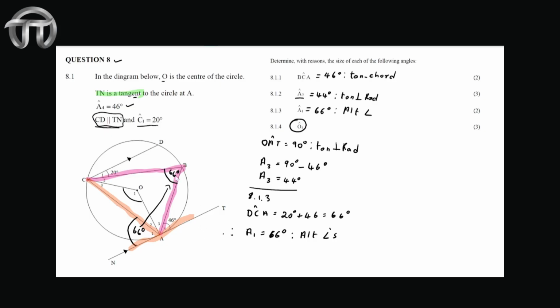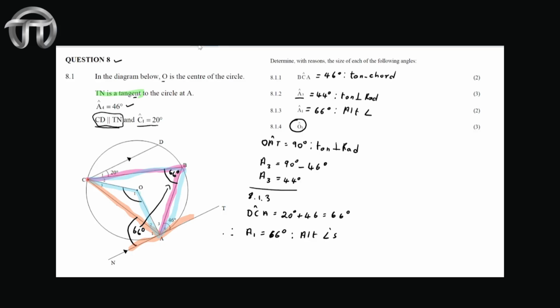Now, if you have this angle at B, which is 66 degrees, look at this. If you draw this part here, what do you see? You will see the theorem that the angle at the center is 2 times the angle at the circumference.